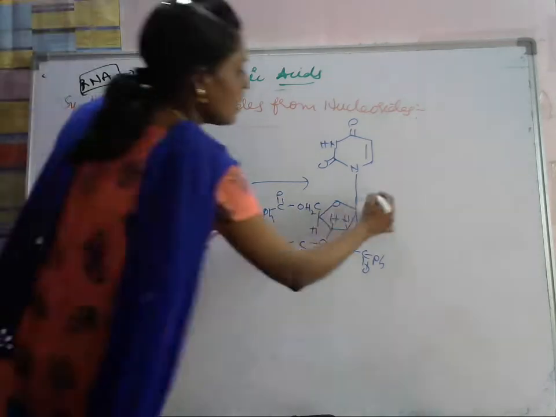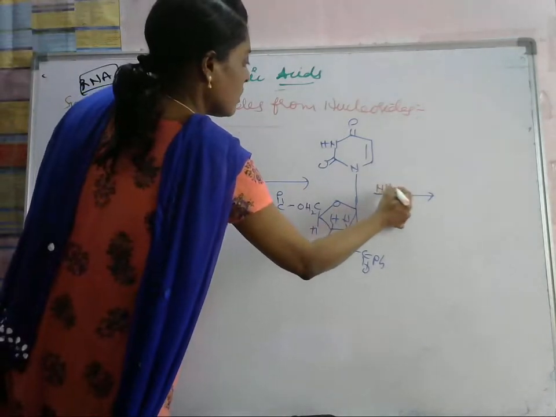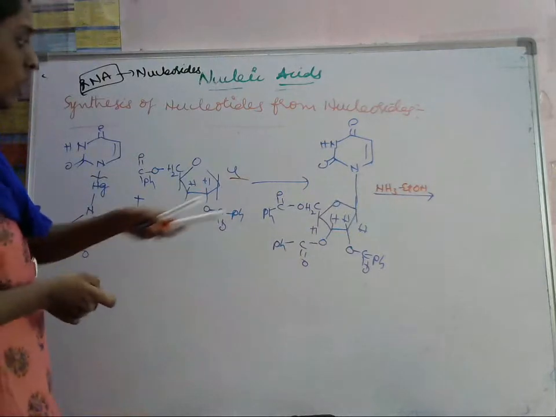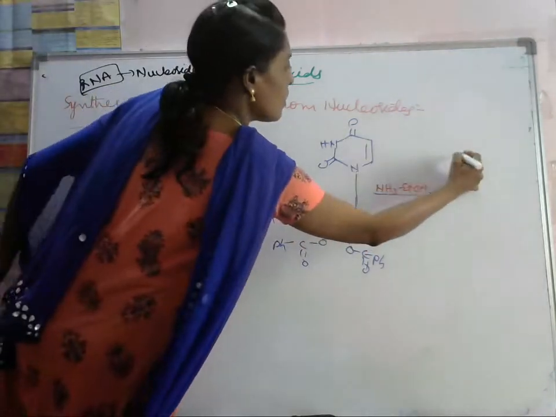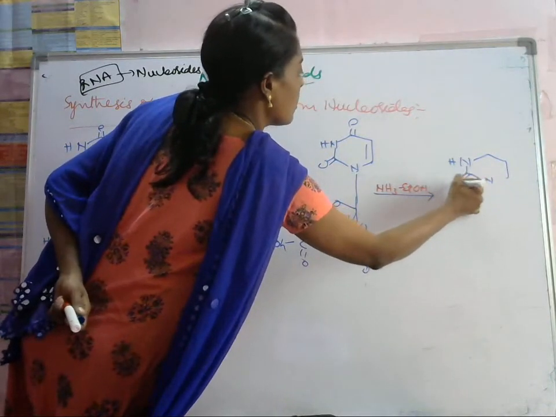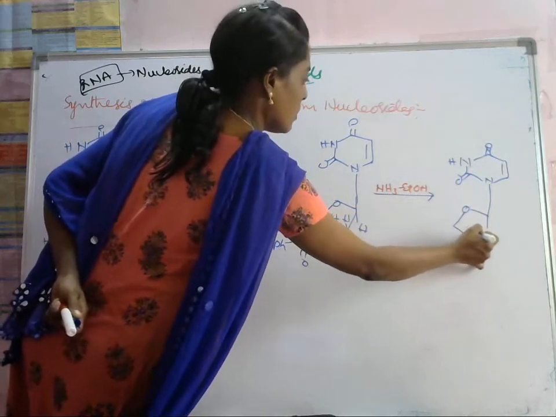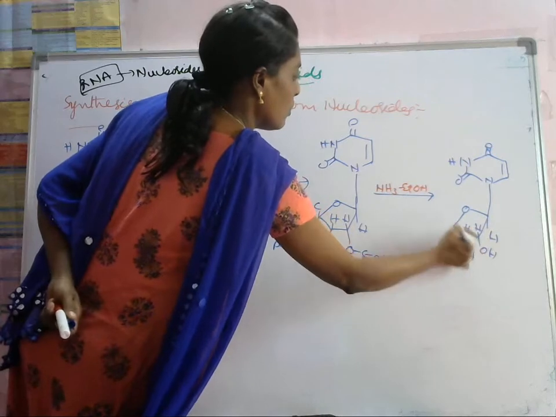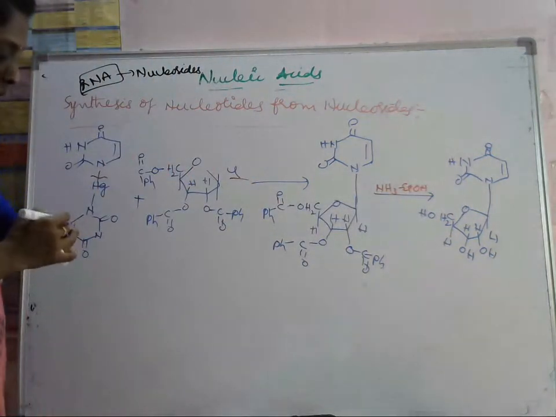Next, if it is treated with NH3, EtOH, we have to deprotect all the groups, meaning all these groups are converted into OH groups. So this is our nucleoside, uridine.